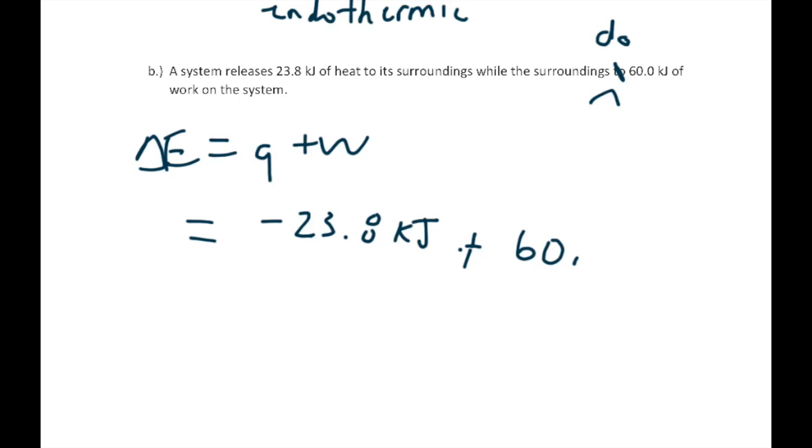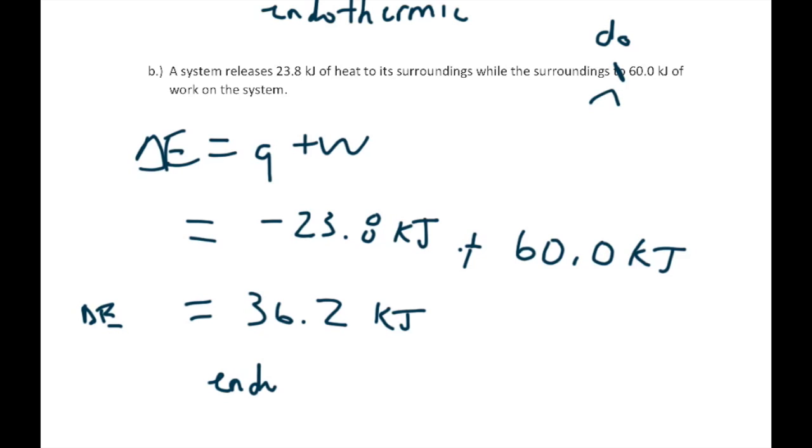So we simply add these two numbers, and our answer is 36.2 kilojoules. Now the overall system is going to be, again, endothermic because our final answer is positive.